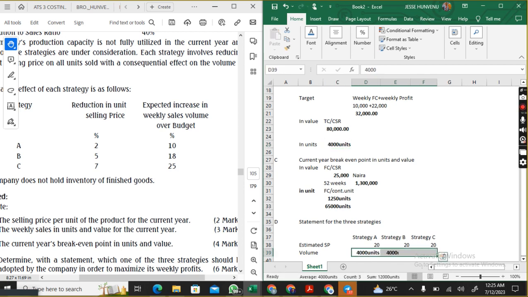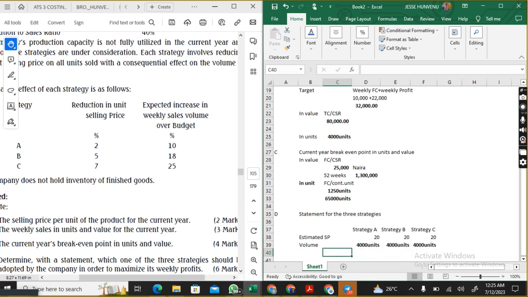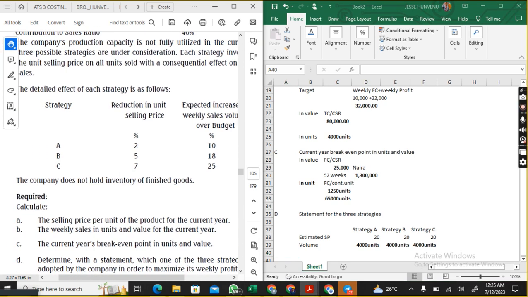Now, in the question, they said we have the new price, because they have reduced the selling price and also reduced the units.